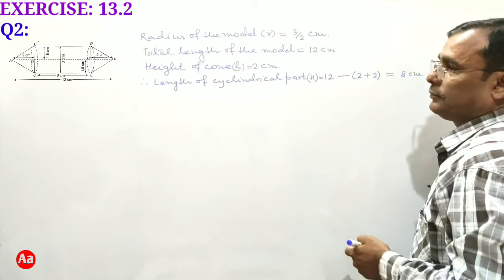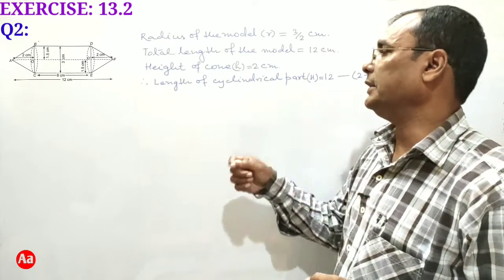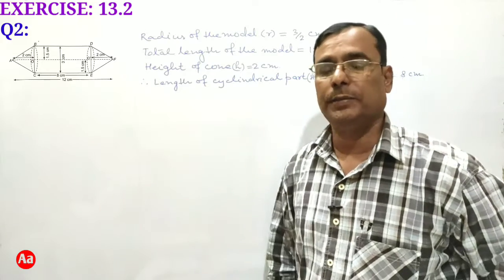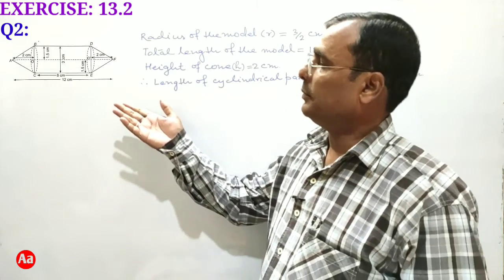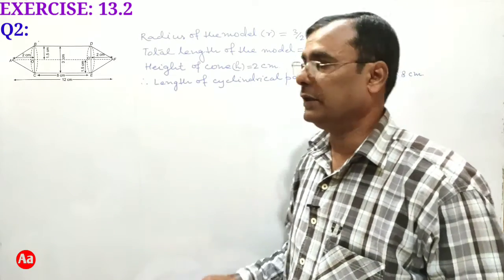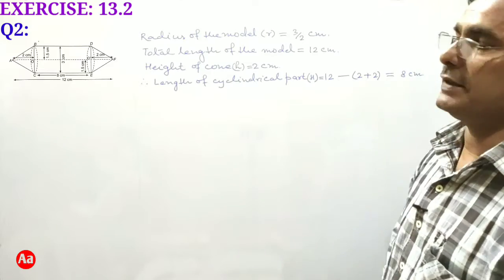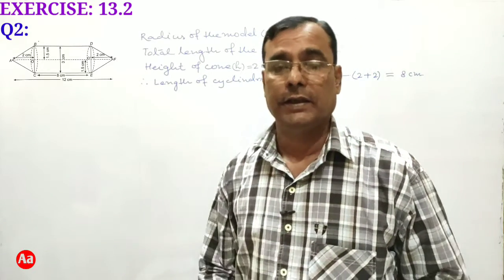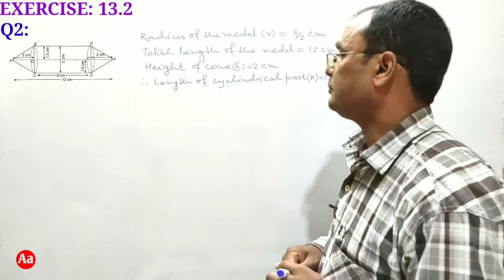So height of conical ends is 2 centimeter each, and length of the cylindrical part, that is height of the middle cylindrical part of the model, we are writing capital H, and that is equal to 8 centimeter. We are going to find the volume of air contained inside the model.